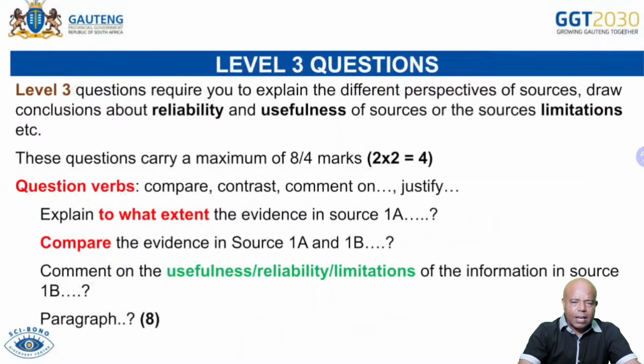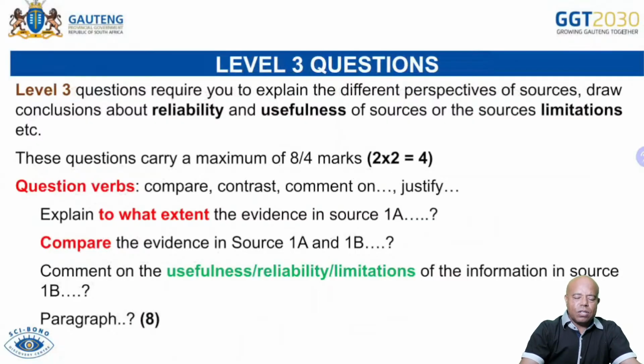So let's move into level 3 questions. Level 3 questions require you to explain the different perspectives with regards to how reliable the source is, the usefulness of the source, and limitations basically. They carry a maximum mark of 8 for paragraph and 4 for reliable, usefulness, and limitations at the end of the day.